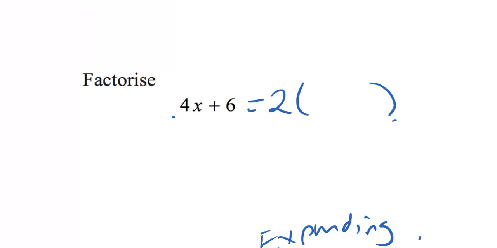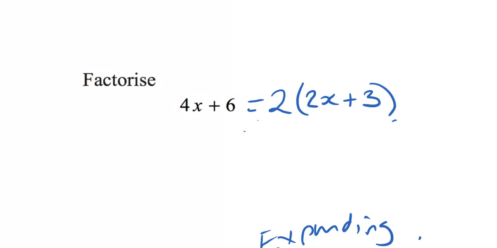If we're going to be multiplying two terms by 2 to get a 4x and to get a 6, what will they be? 2 times 2x will make that 4x, and 2 times 3 is going to make the 6. So our factorized form is 2 bracket 2x plus 3.